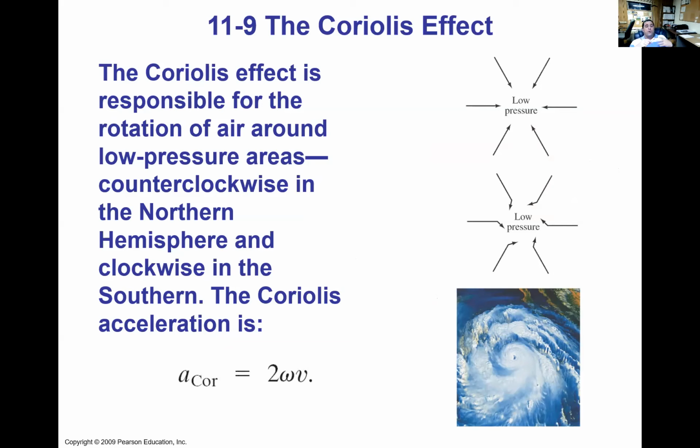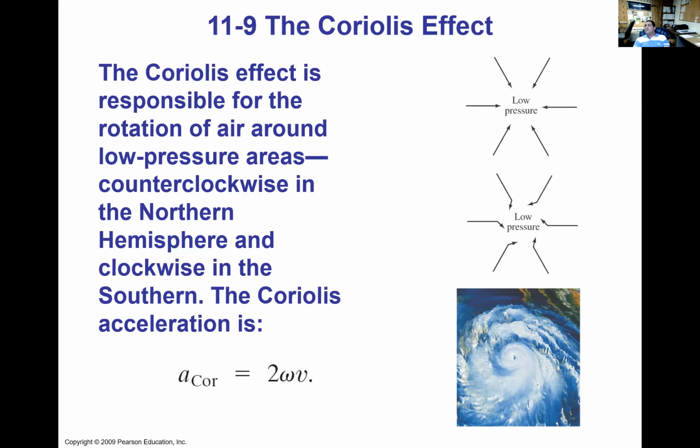In the northern hemisphere, they are counterclockwise. In the southern hemisphere, they are clockwise. Now, this is for things like hurricanes, weather patterns. So when you see hurricanes coming up from the ocean here in North America, they are going to be spinning counterclockwise.